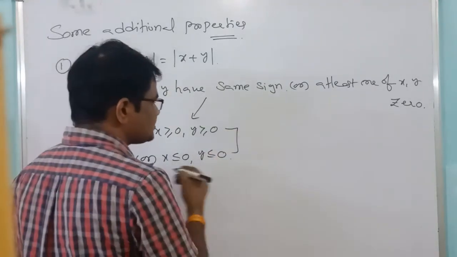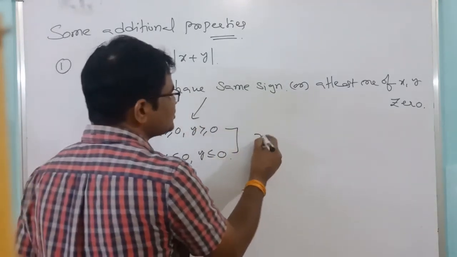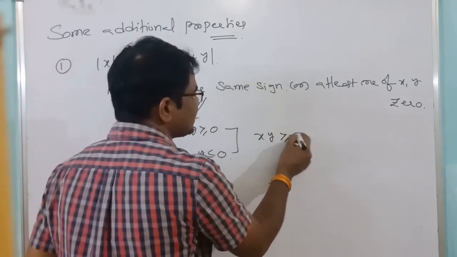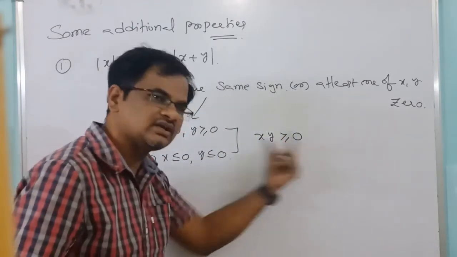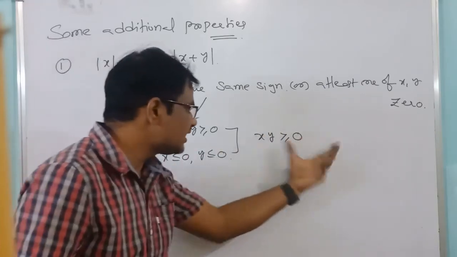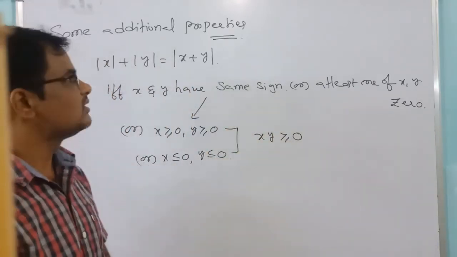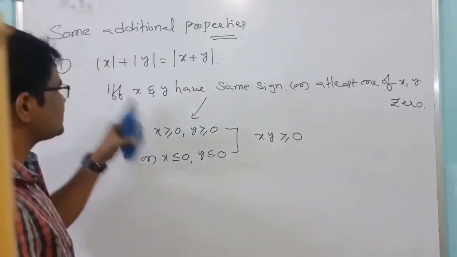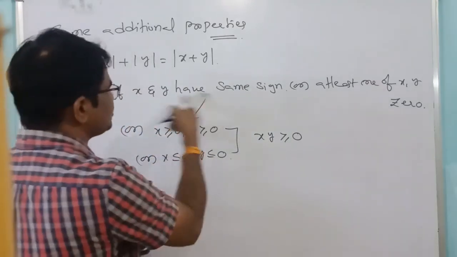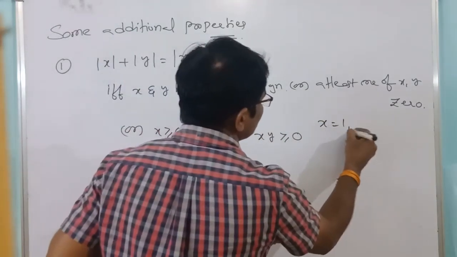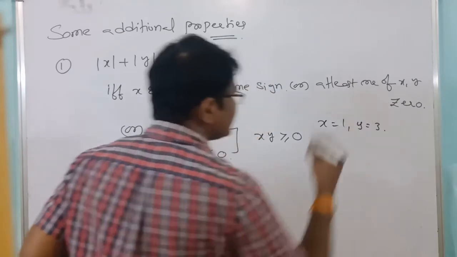If you conclude these two, what is the conclusion? X into y greater than or equal to 0. Both are positive, greater than or equal to 0 only. Both are negative, x into y greater than or equal to 0 only. Means for example, if you take both are positive, have same sign, x equal to 1 and y equal to 3 you take.